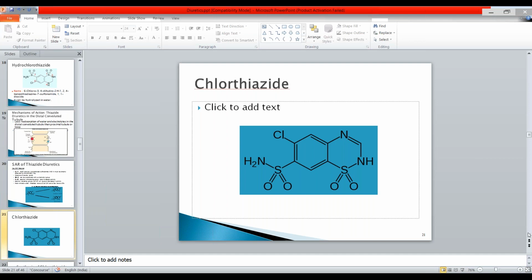Once you have taken down the structure of this chlorothiazide, start numbering it. This SO2, this S is number 1.